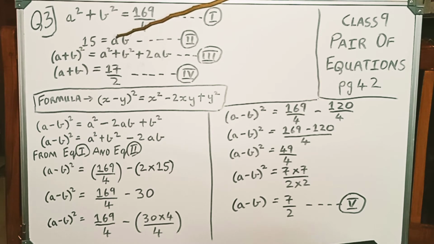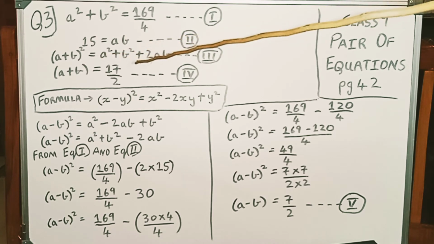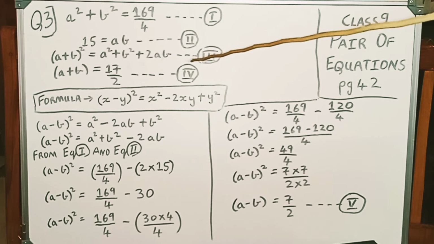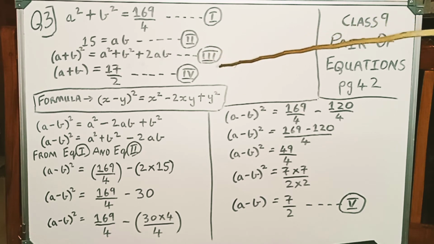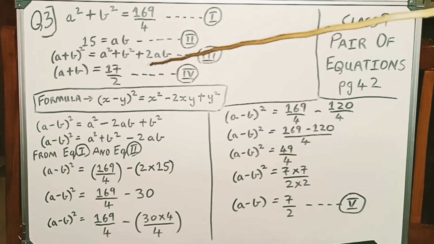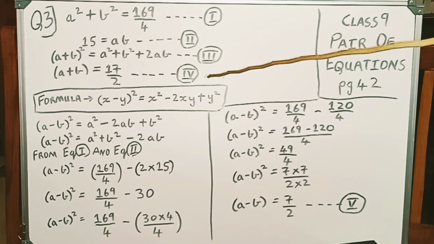Then we got 15 is equal to ab. That was equation number 2. Then we got (a plus b) square is equal to a square plus b square plus 2ab. That was equation number 3. Then we got a plus b is equal to 17 divided by 2. That is equation number 4.